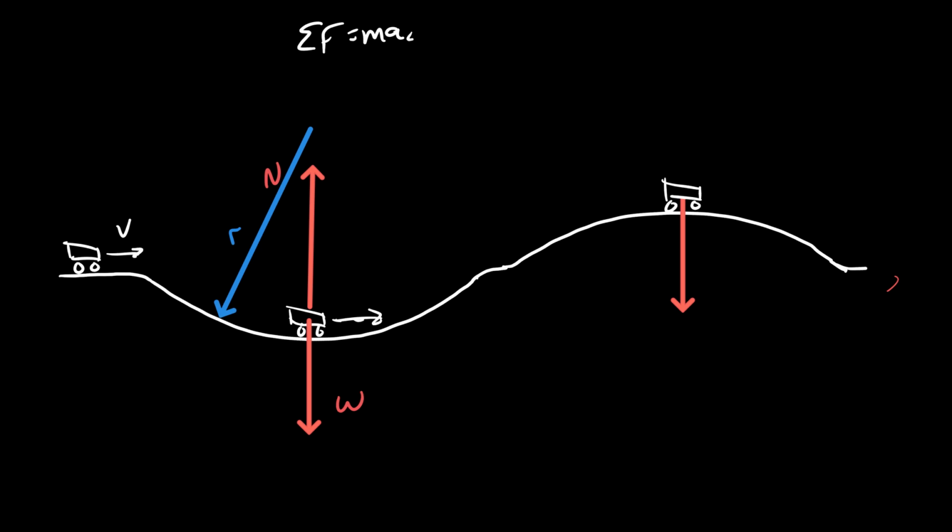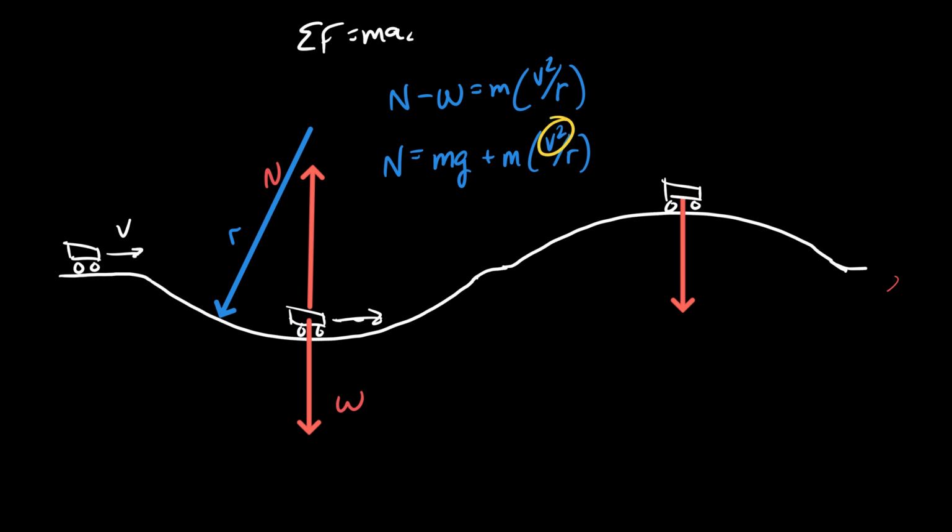And if you maintain your velocity, then, well, it looks like normal force minus weight equals m v squared over r, which means normal force equals mg plus m v squared over r. So clearly, the faster you go through that dip in the road, the heavier you're going to feel.